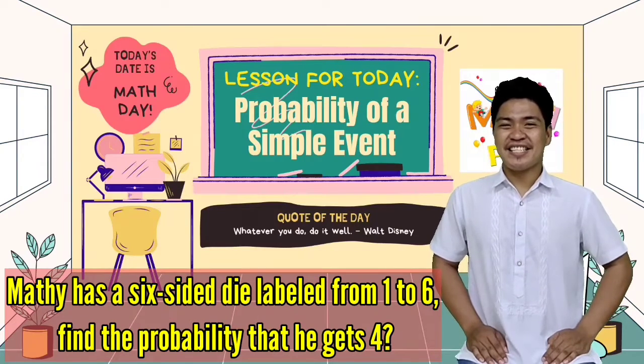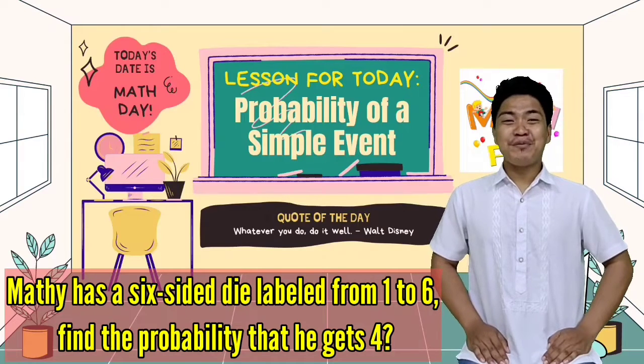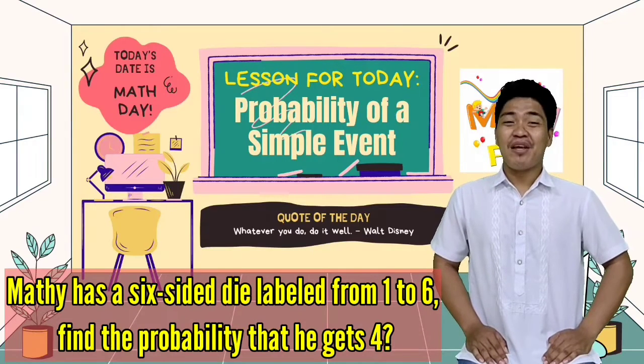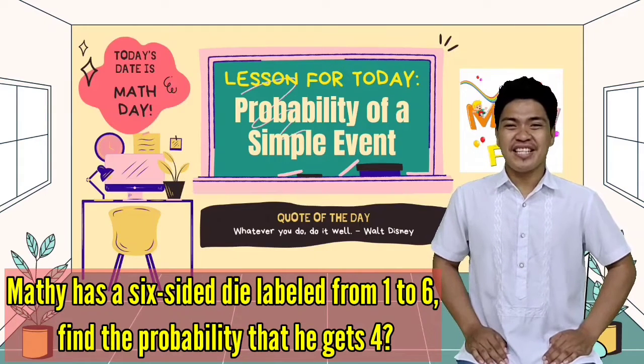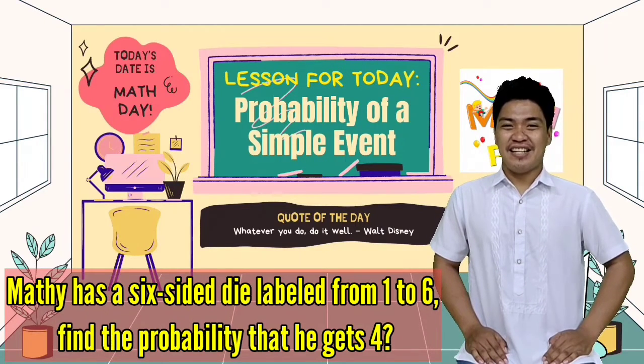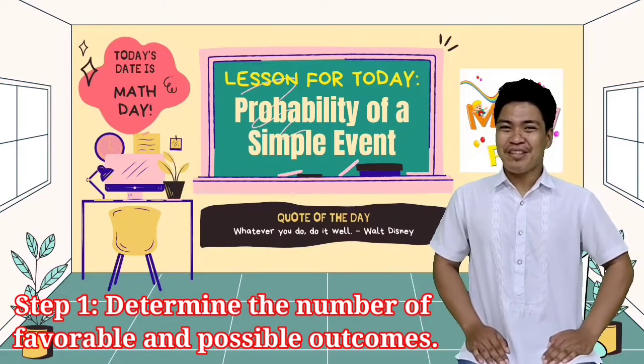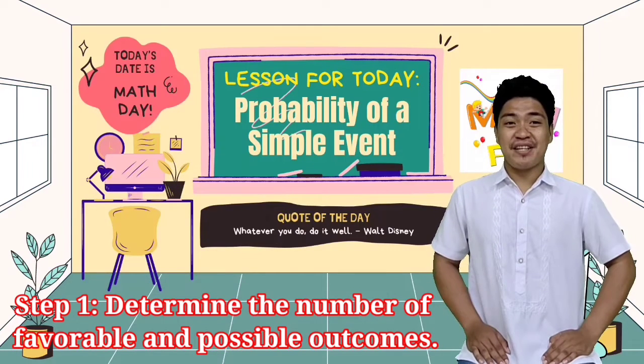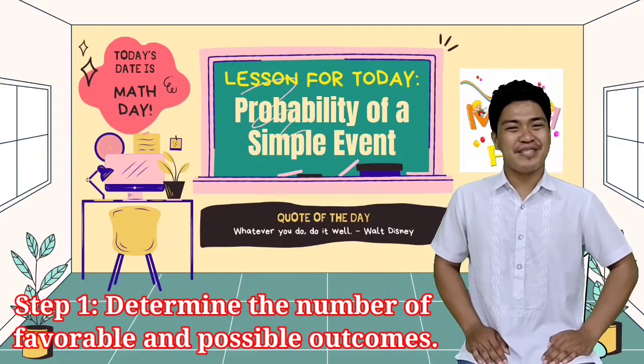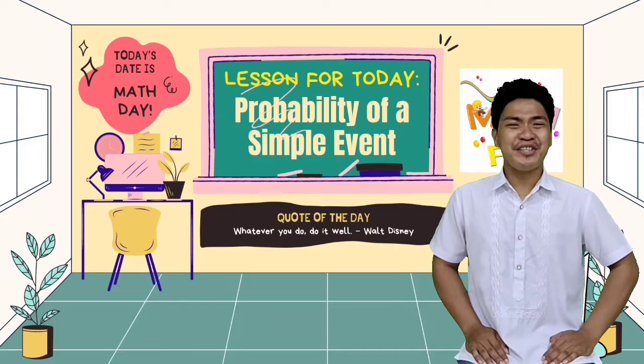Matty has a 6-sided die labeled from 1 to 6. Find the probability that he gets 4 when he rolls it. Let's determine the number of favorable and possible outcomes. In the given example, what is the number of favorable outcomes? Very good!